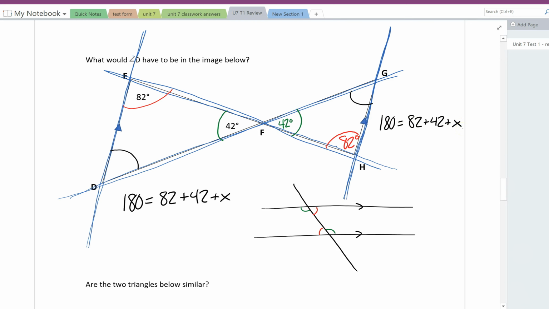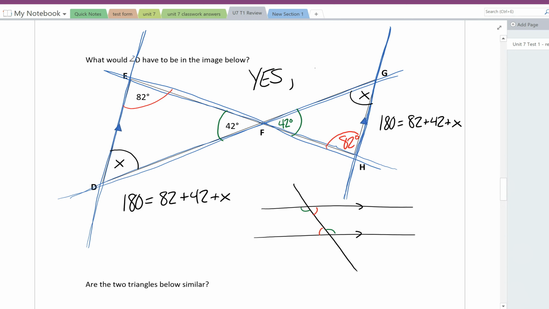So my third angle, X, regardless of what it is, this is just a shortcut. If I know that two of the three angles inside of two triangles are the same, then whatever this one is, it's definitely going to be equal to that one right there. So because these two triangles have the same three angles, yes, the two triangles are similar.